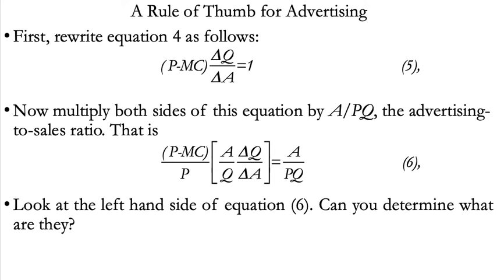Okay, now, once you have this, remember our objective is to find a rule of thumb for advertising, okay? Because we want to find the rule of thumb for advertising, in the study of microeconomics, the rule of thumb usually is related to elasticity. So when it is always related to elasticity, managers will always play around with price and quantity.